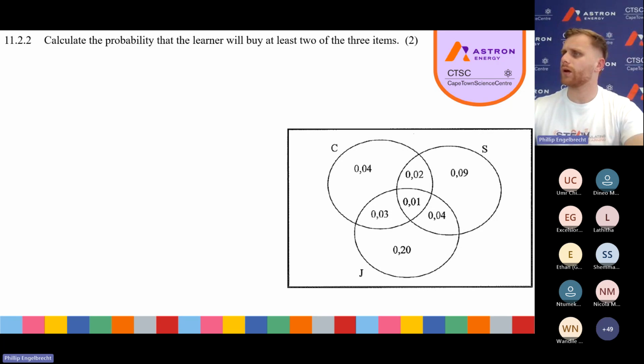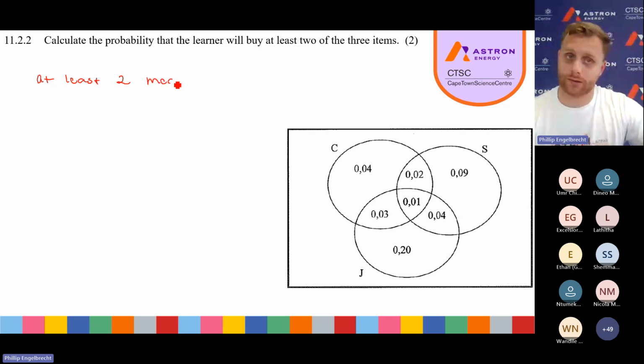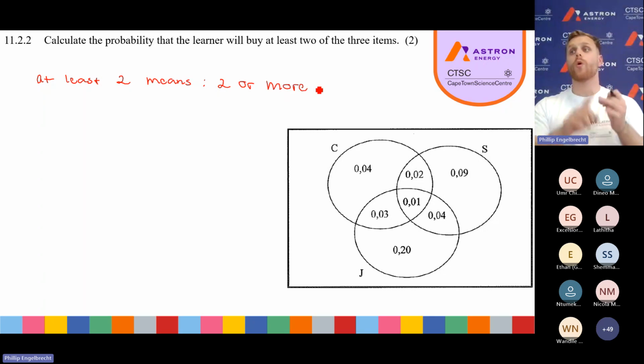Okay, so remember the probability of at least 2 items. So what does that mean? At least 2 means 2 or more. All right, so it either means 2 or 3. If they said the probability of buying 2 of these items, then you would only consider the parts where they just bought 2.